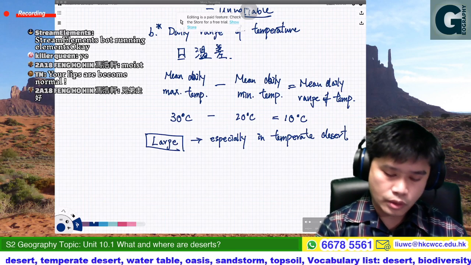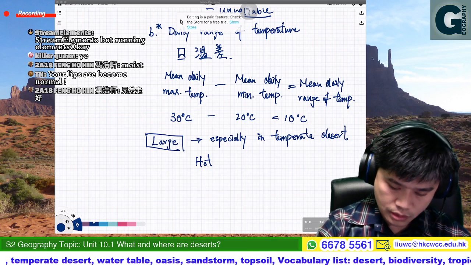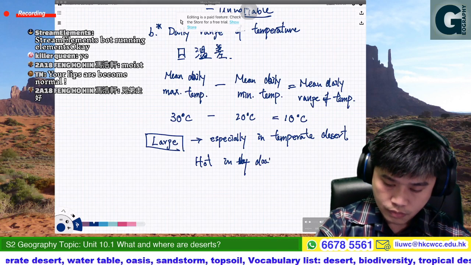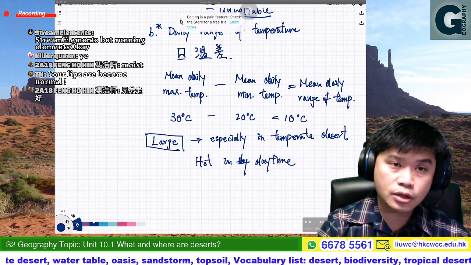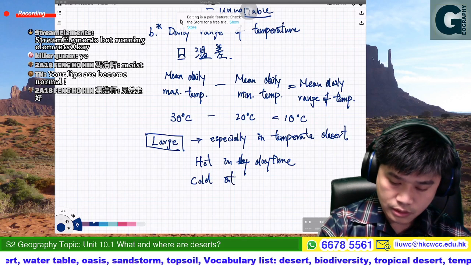It could be very hot in the daytime, but cold at night.